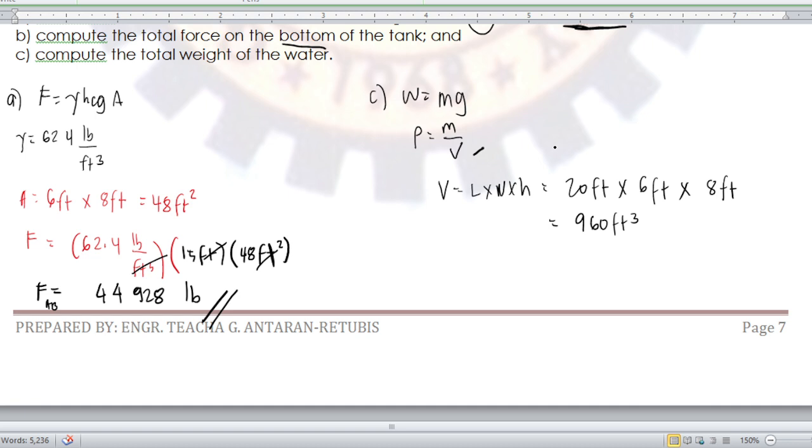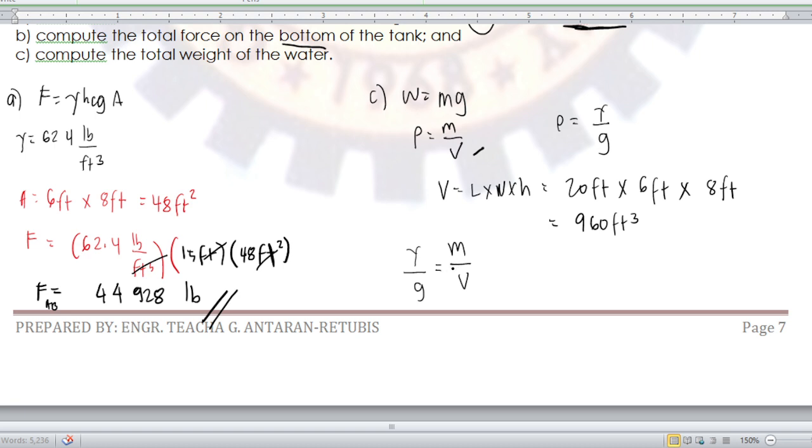Now, since it's easier for us, as you can see here, density is specific weight over acceleration due to gravity. So, therefore, we can express here mass over volume as specific weight over acceleration due to gravity.